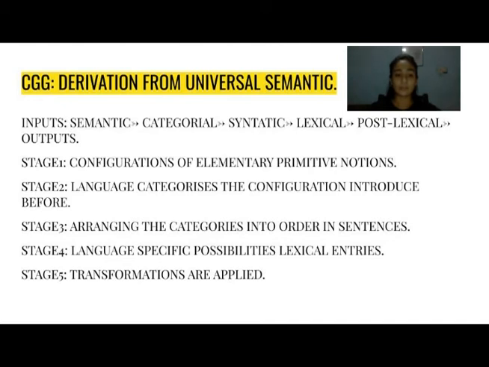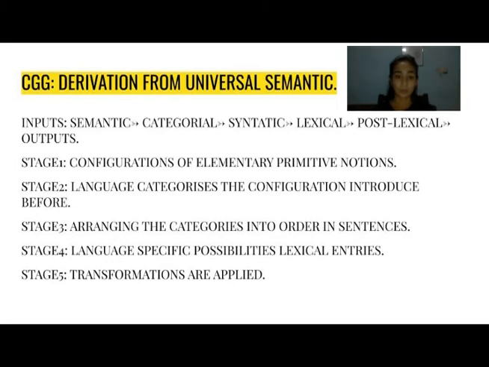Then we got stage number 3. And here the categories are permissible orders in actual sentences. We got function words that are introduced and are called minor lexicalizations.